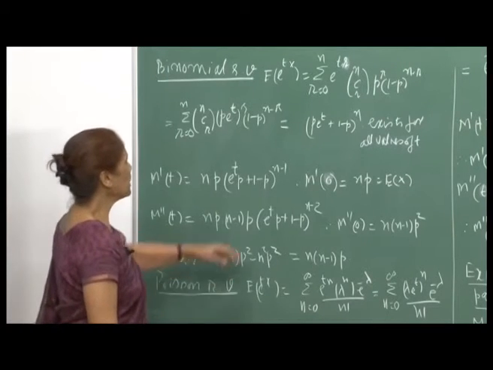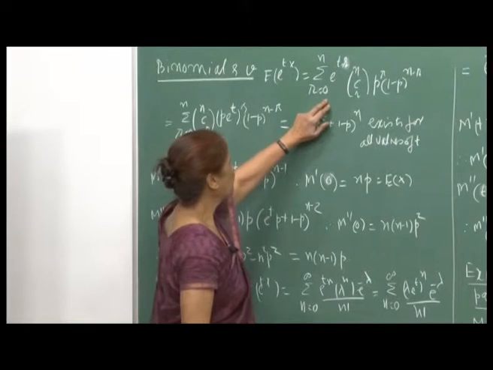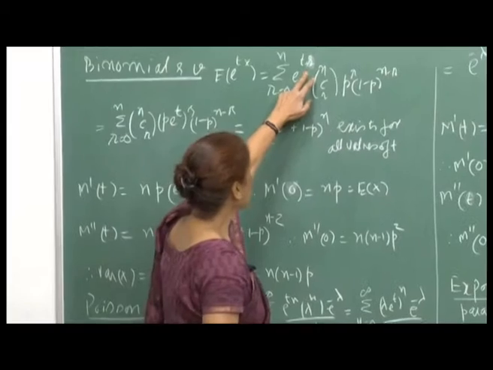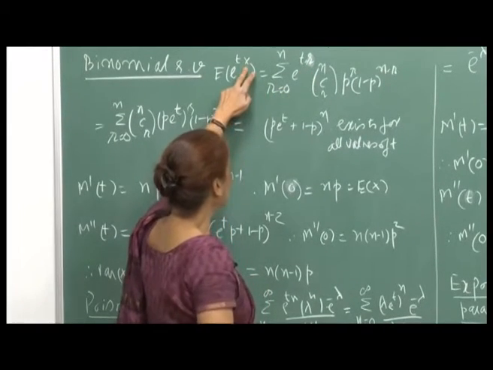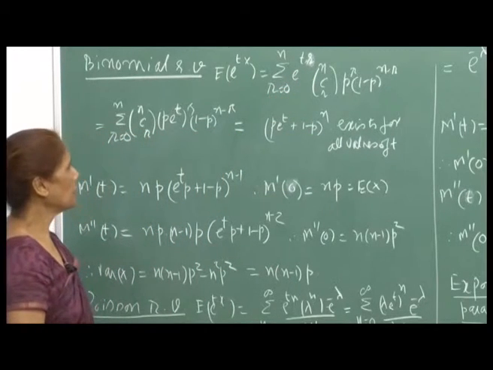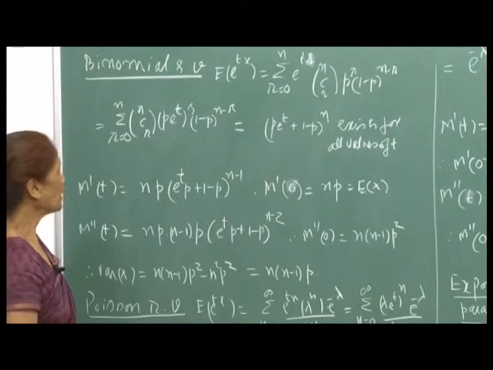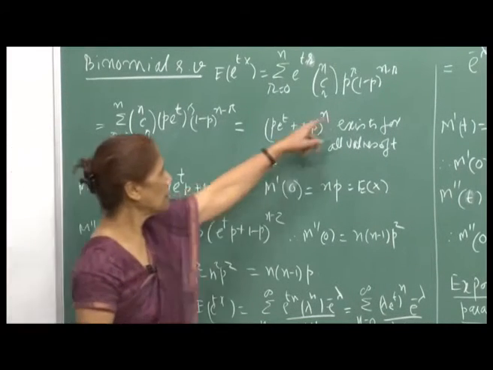Binomial random variable: the expectation value of e raised to t x would be sigma r varying from 0 to n, e raised to t r, because x takes the value r. So, e raised to t r n c r p raised to r 1 minus p raised to n minus r. Okay, this is the expression. I will combine e raised to t r with p raised to r.